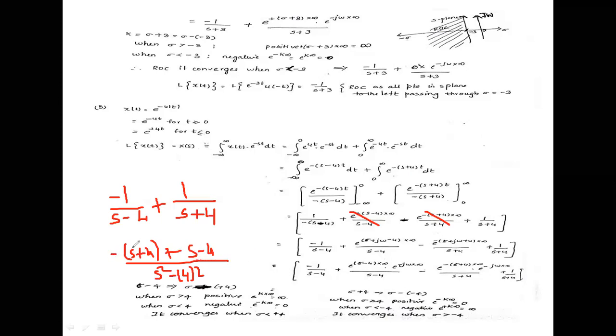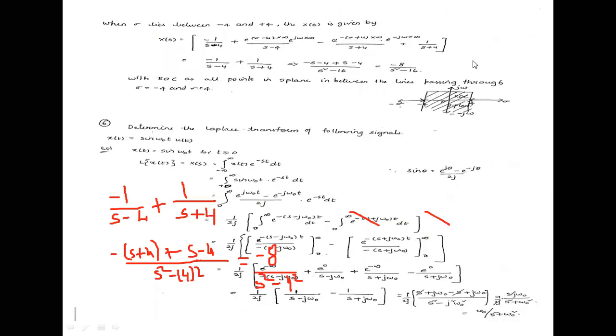The minuses get cancelled, and the minus 4 and the minus 4 remain. It becomes minus 8 by s square minus 4 square. After simplification, you get minus 8 by s square minus 16.